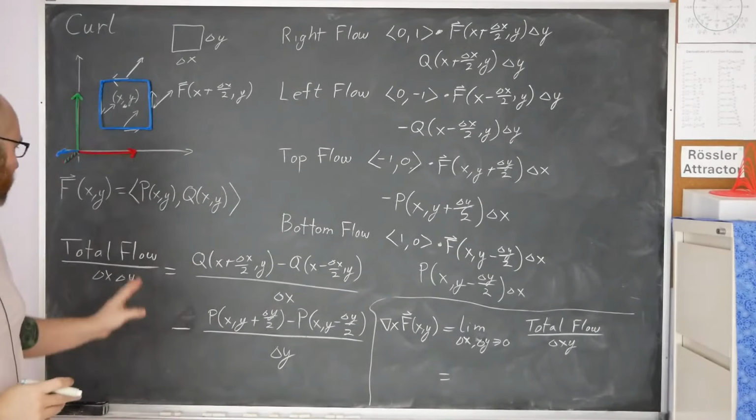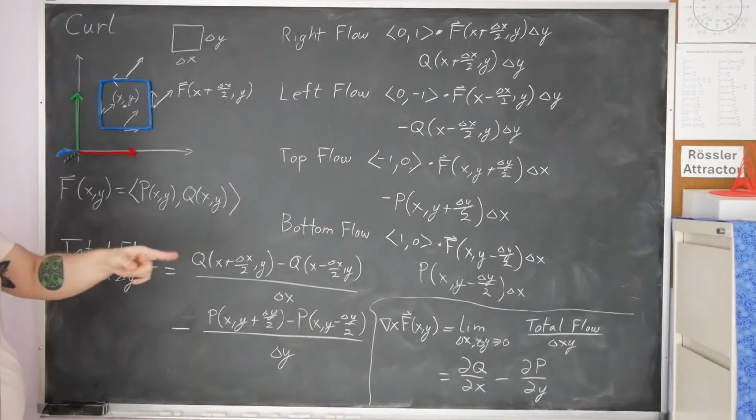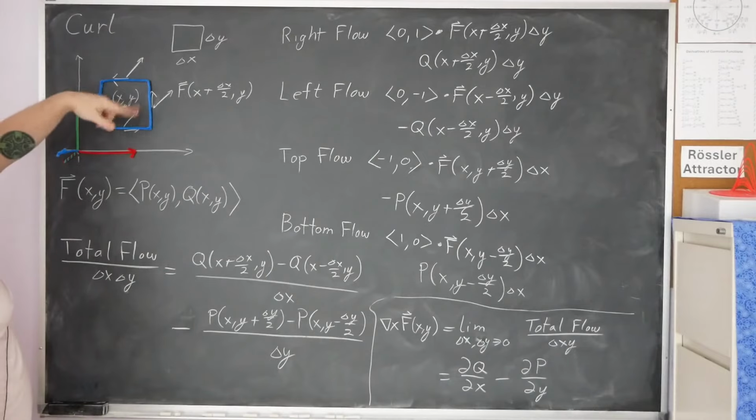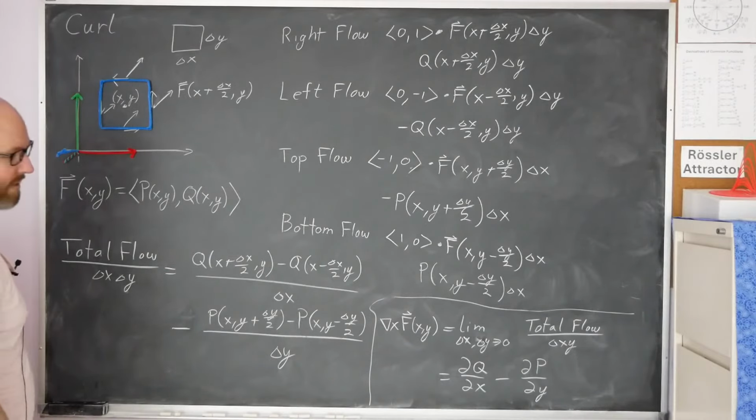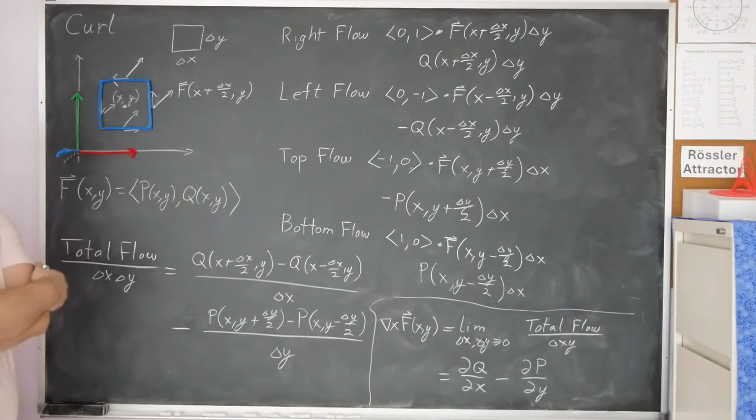That's the partial derivative of q with respect to x. And this one is the partial derivative of p with respect to y. So that is how you get from rotation around a box, rotation around a point, and how it relates to the partial derivatives in 2D.